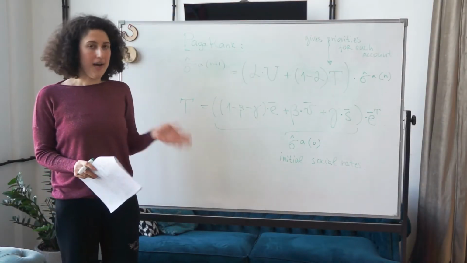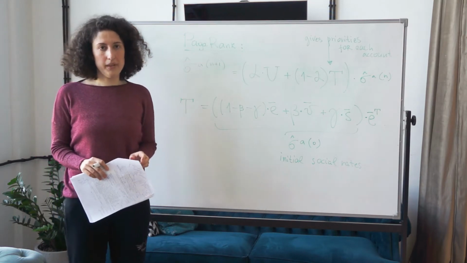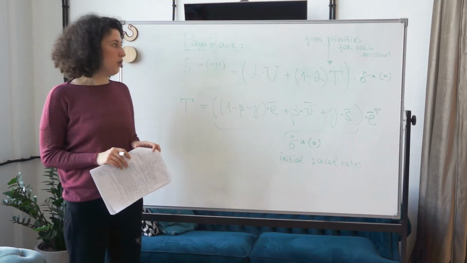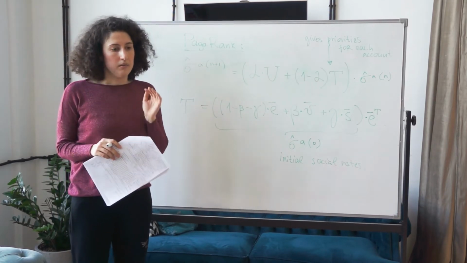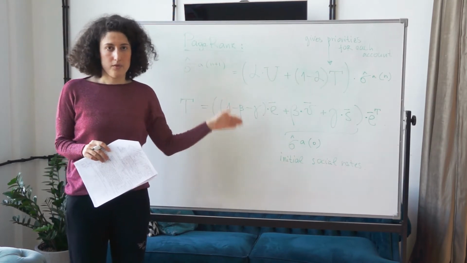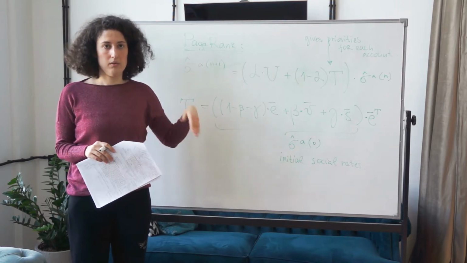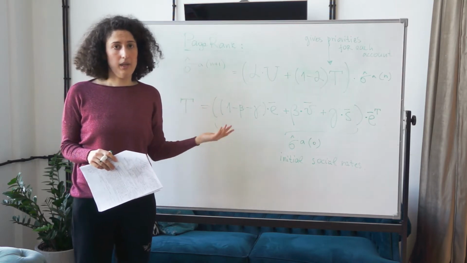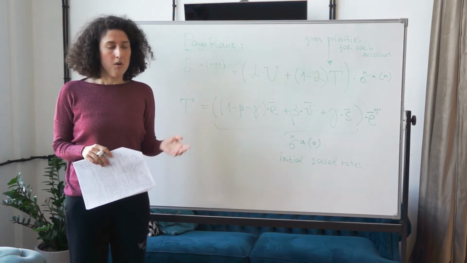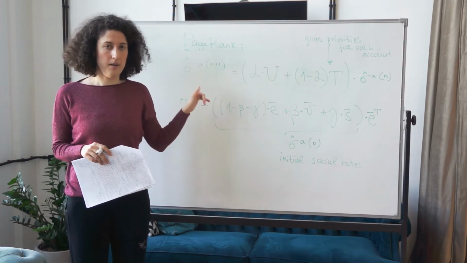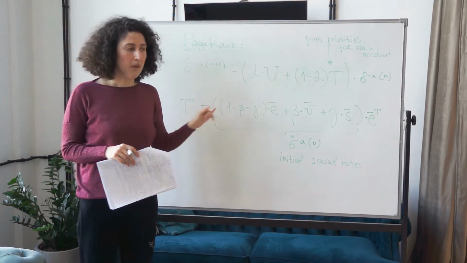Okay, so finally we get to the point where I'm going to talk about the actual calculation of your social rates. The vector of social rates for each account are calculated together, and they are calculated using a classical PageRank algorithm with a small modification that I'm going to mention here.